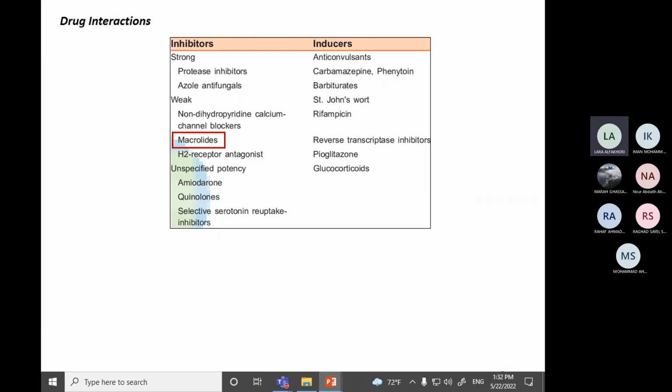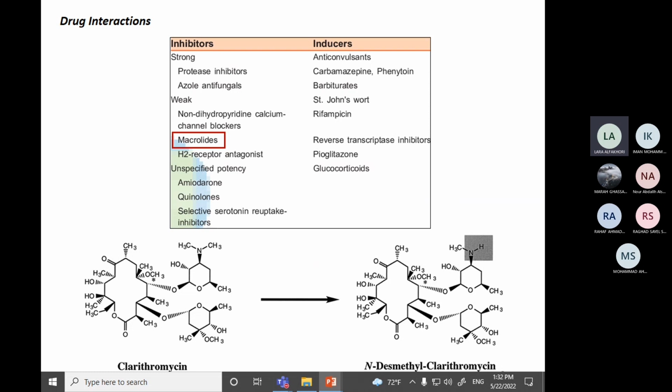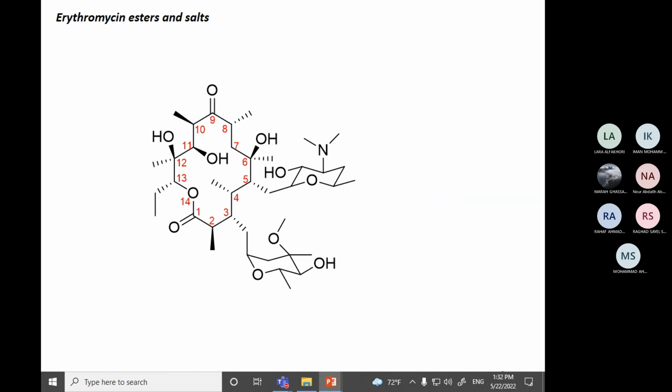What matters to me in this slide is that macrolides may undergo metabolism, where one of the major metabolites is where one of the methyls on this nitrogen undergoes demethylation. Now for each member of the macrolides, we will start with erythromycin and talk specifically about their esters and salts.